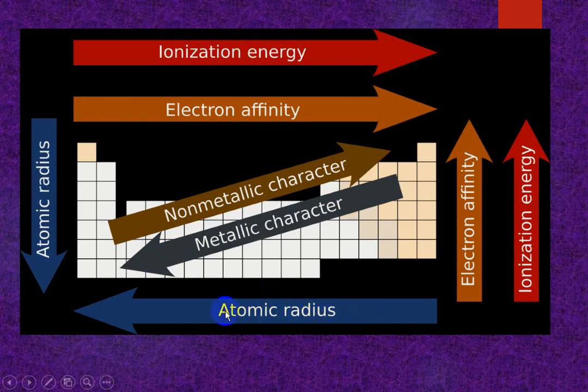Atomic radius from right to left increases. Okay, this is the electron affinity. Electron affinity in the group from bottom to top increases. Ionization energy from bottom to top increases.